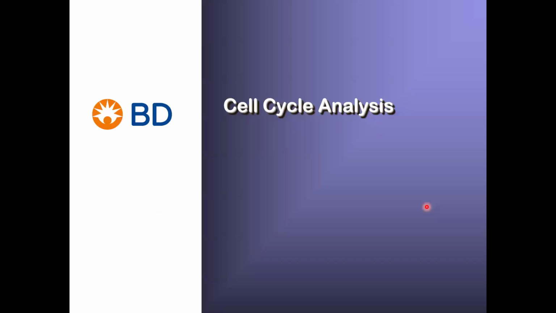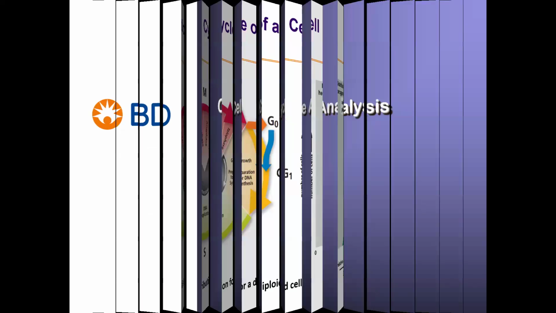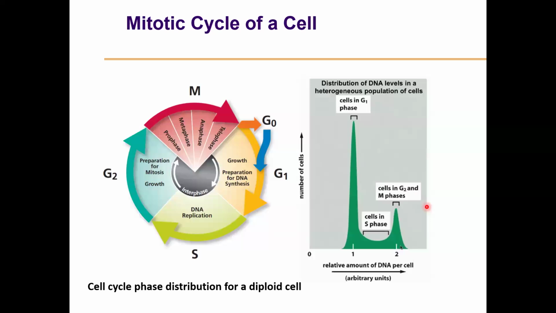Now comes cell cycle analysis. As I was talking about in the previous slide, we have G1, G0 phase, then S phase, and then G2 phase.